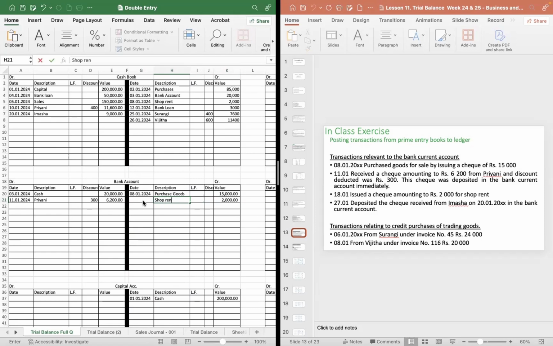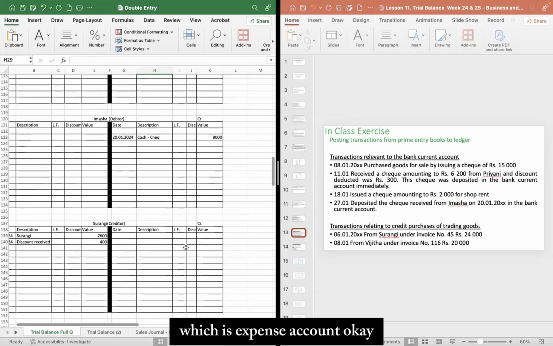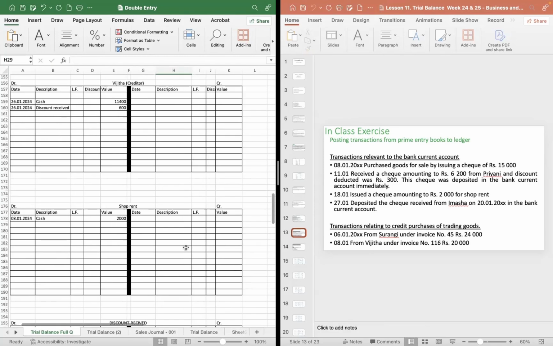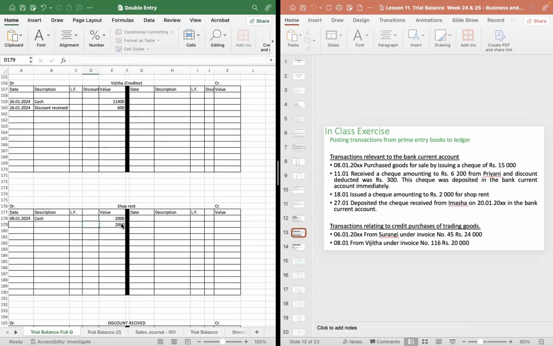Shop rent, 18th. And you are going to your shop rent account, which is an expense account. We put the shop rent 2,000 in the expense account. Okay, that is right.